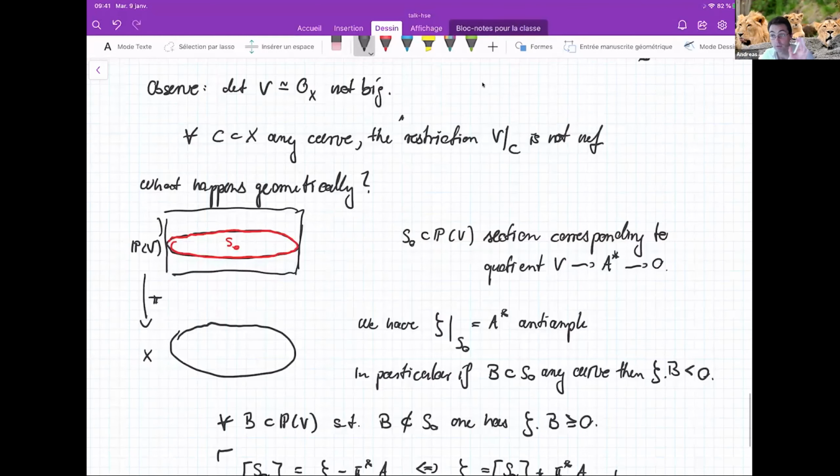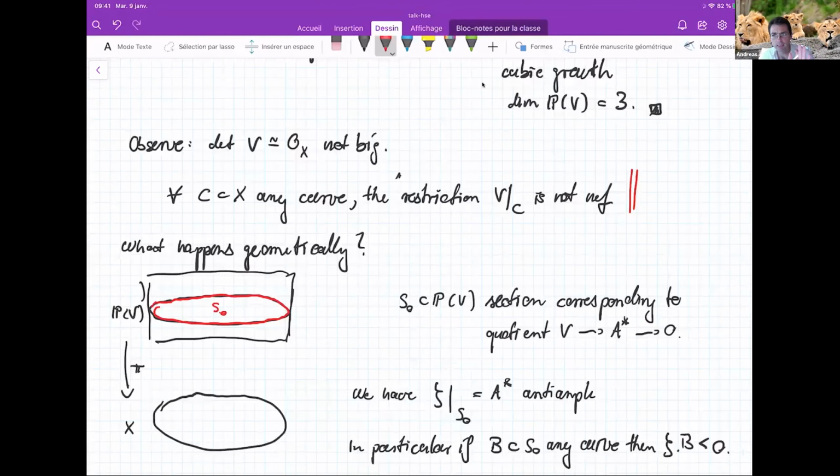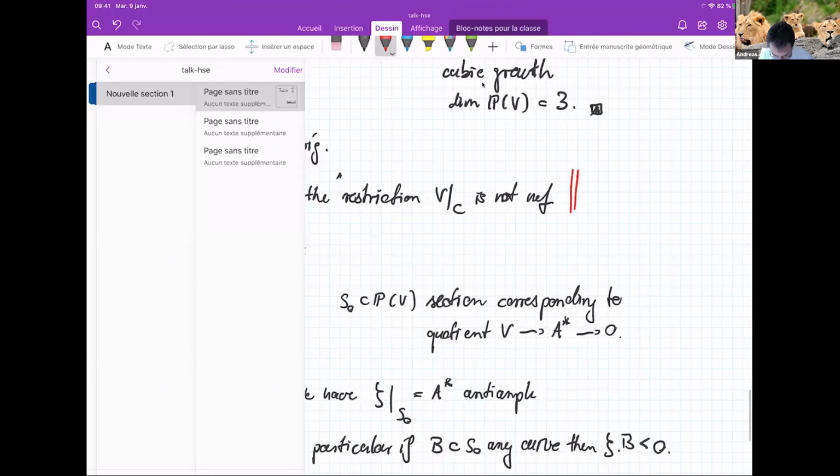Here I'm looking at curves in X, and there the situation is strange, and I don't really understand what happens. Being big and having this kind of property does not seem to fit together very well. So here I'm a bit confused.